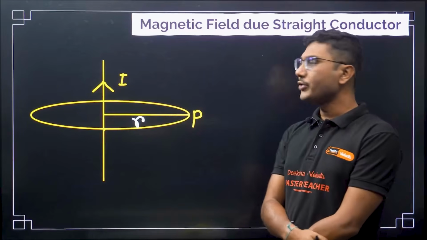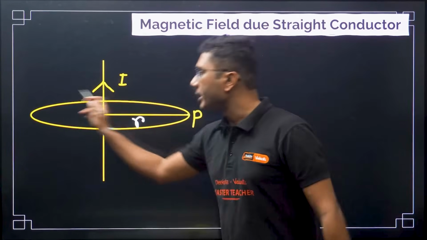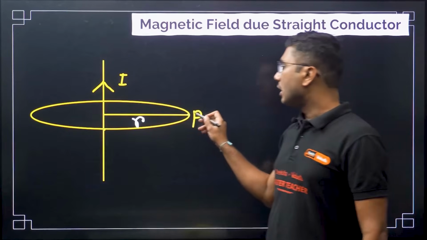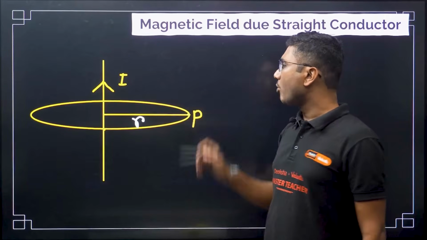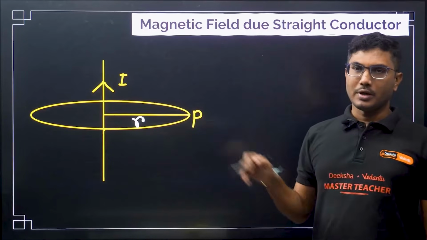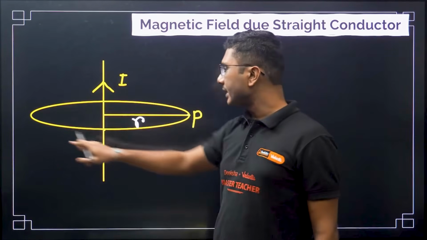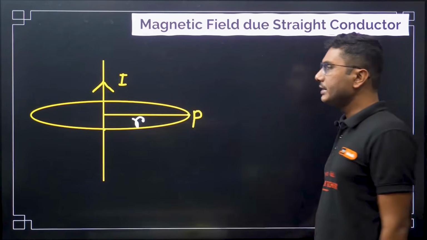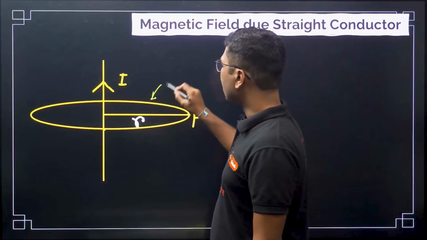Now for that, what do we have to do? We have to construct an Amperian loop. The Amperian loop is not there from the beginning. We construct it based on the point P, so that the radius is the same. The radius of this circle is the same, and based on our requirement we have constructed this circular Amperian loop.